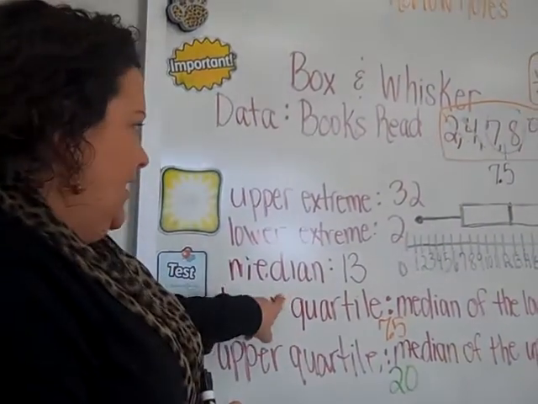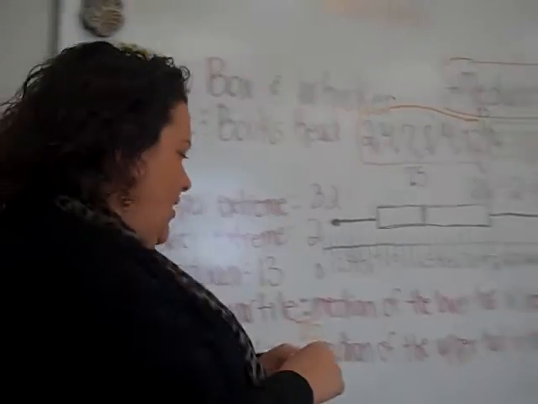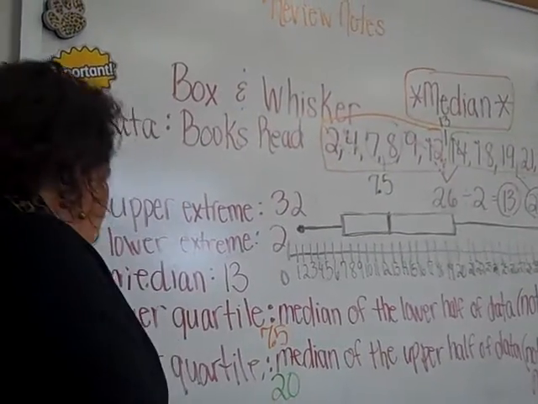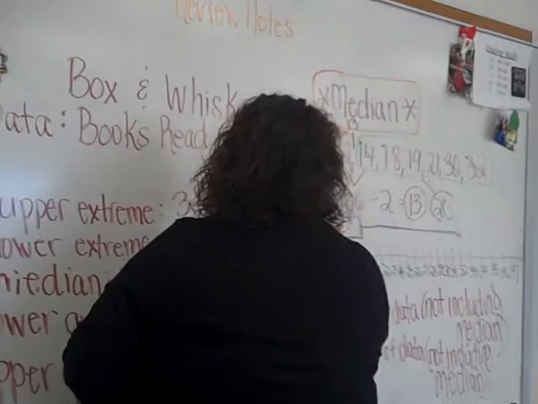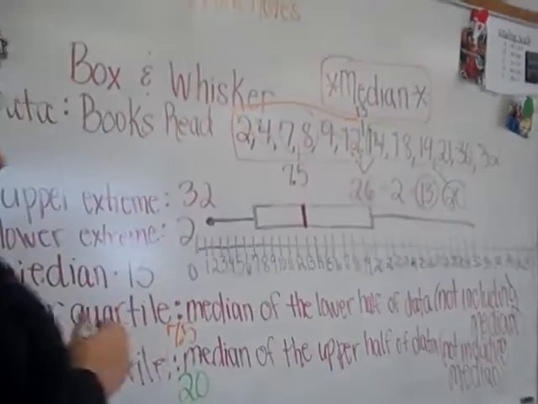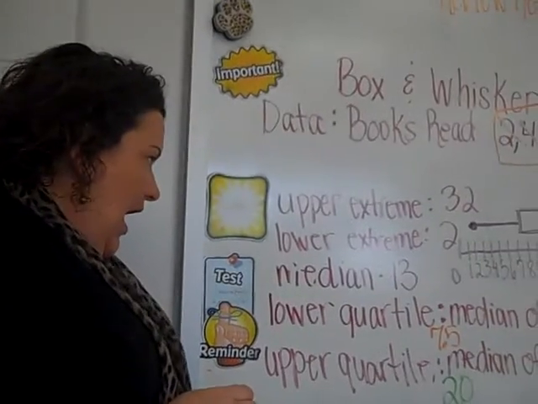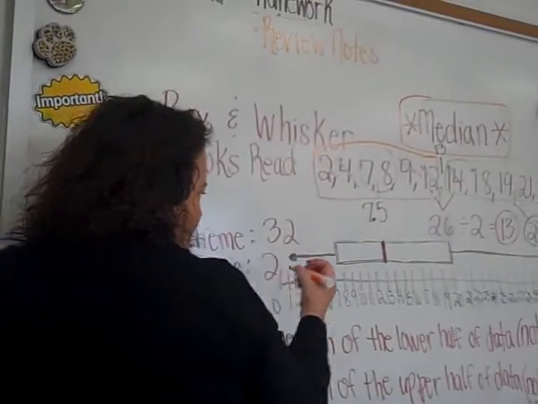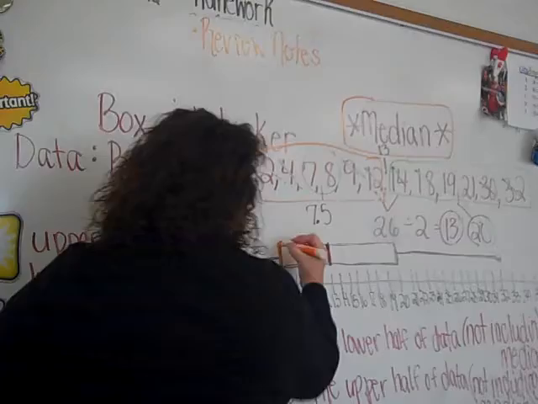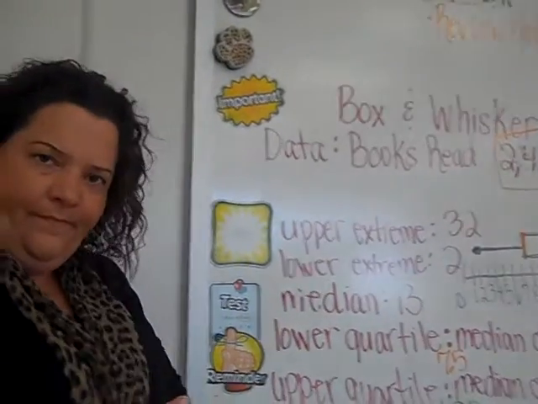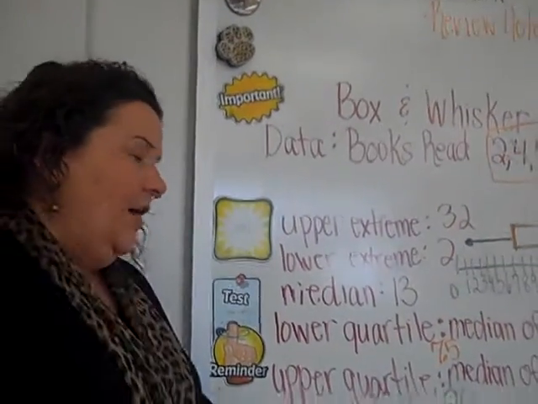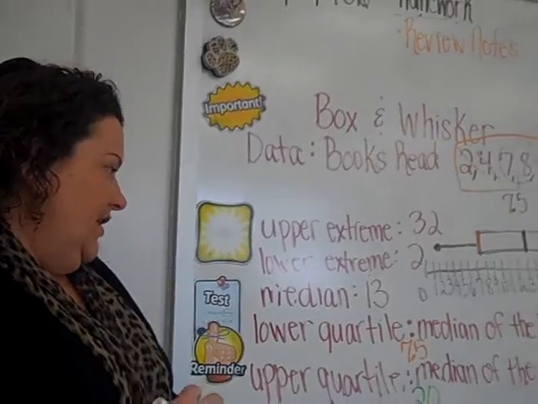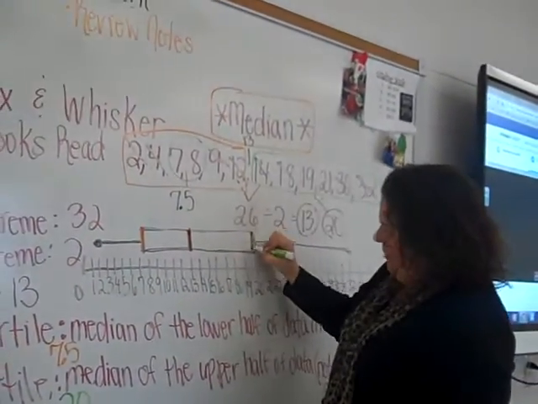So we had the median 13, and I placed a line above it. I had the lower quartile median, which was 7 5/10, and put a line above it. The upper quartile median was 20, so I put a line above it.